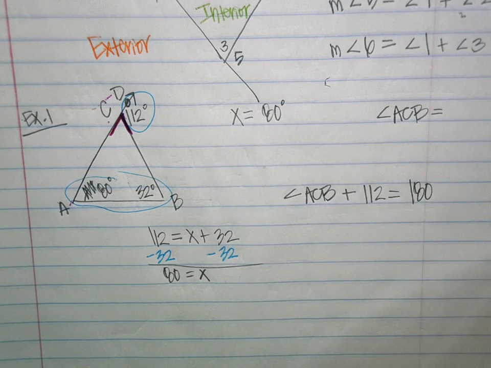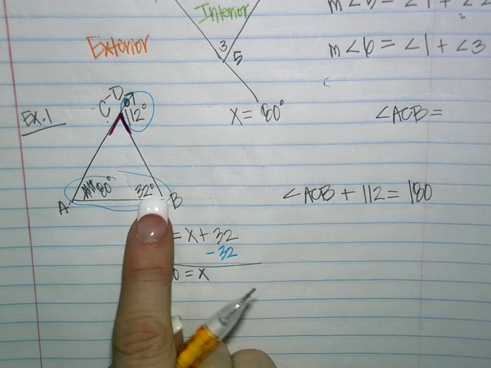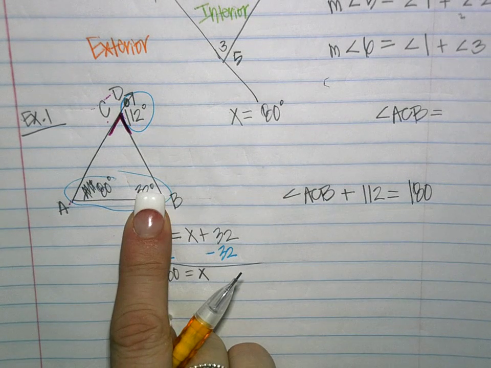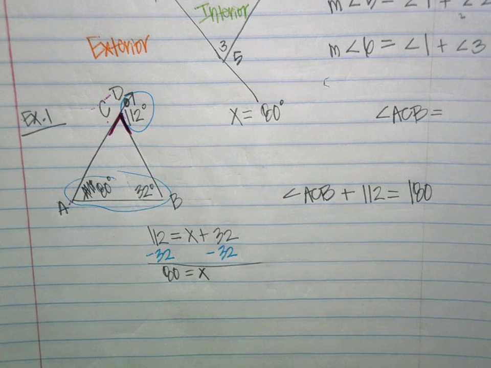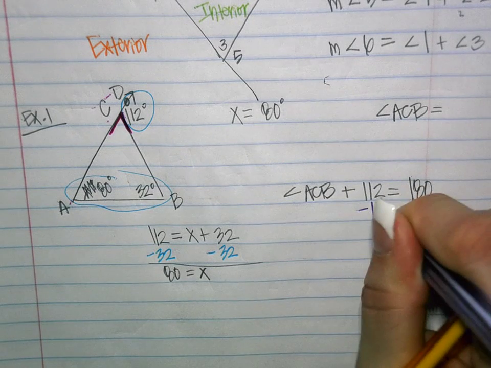Now, you could get the 112 from this value, or you could add these together and there's still 112. So a couple different ways you could do that. Exactly. So really, we're just subtracting 112 from 180.